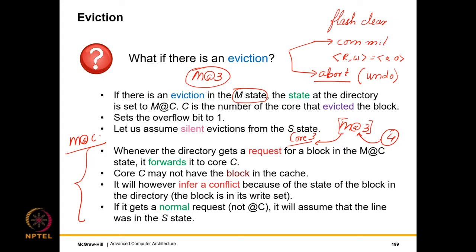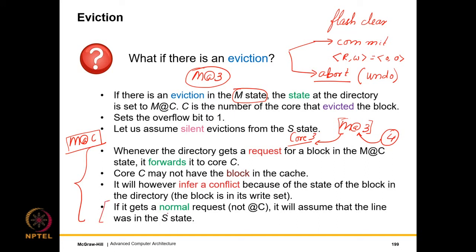So then what it will do is that it will need to do something. If it's a normal request, so the normal request will not have an M at C from the directory. I'm sorry, I slightly stand corrected. So if it gets a message with M at C, then it will assume that there is a conflict and it will send a NAK back, and the NAK will lead to an abort.